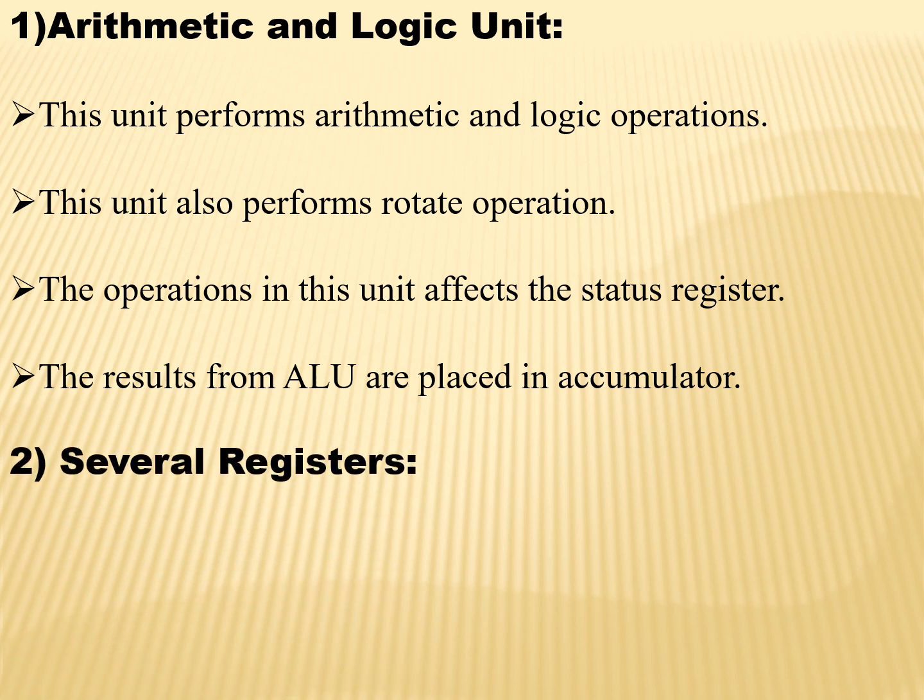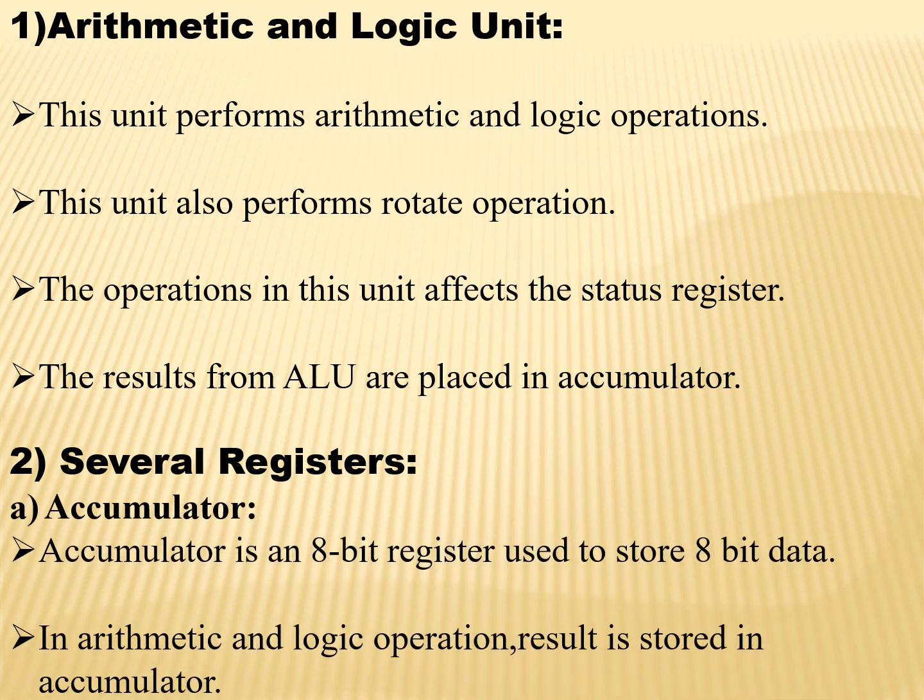Next, let us learn about the several registers that are connected and how they work in our generic microprocessor. First is the accumulator. It is an 8-bit register which is used to store 8-bit data in arithmetic and logical operations.